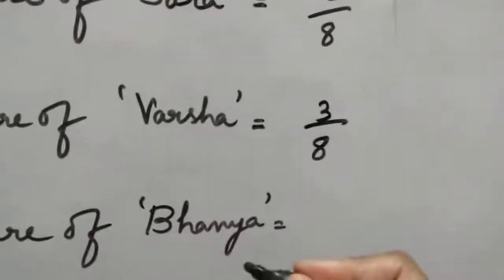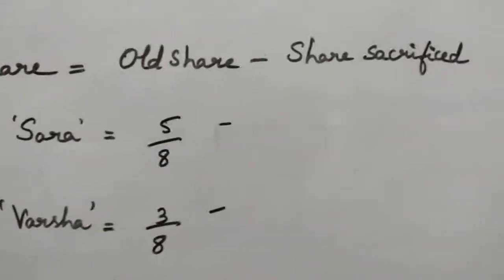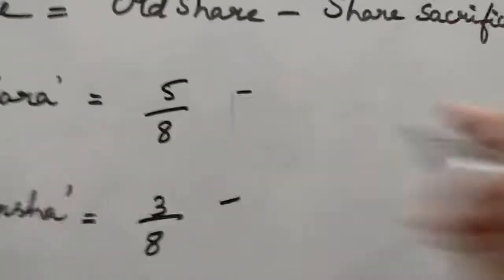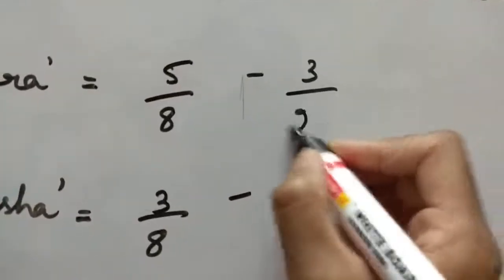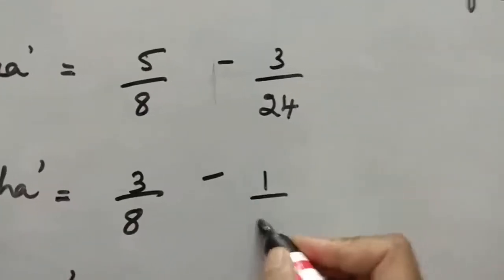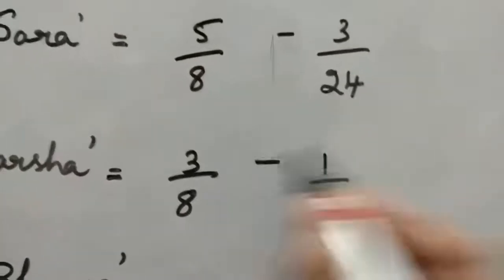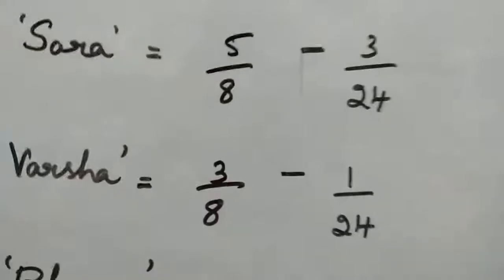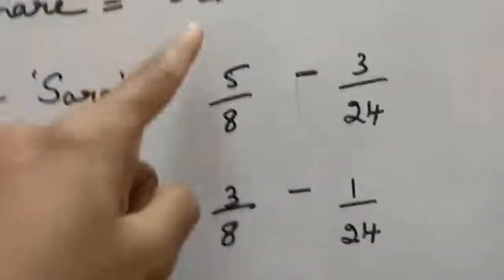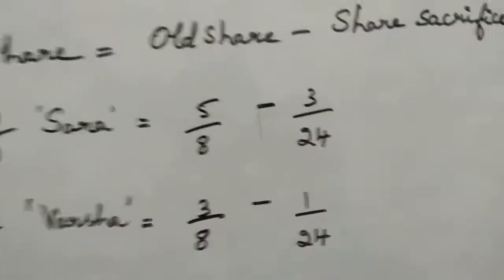For the new partner, we are going to go later. Next, the share sacrificed which we found is 3/24 and 1/24. Just observe, it's 5/8 and 3/8 as the old share, and the share sacrificed which we got is 3/24 and 1/24.